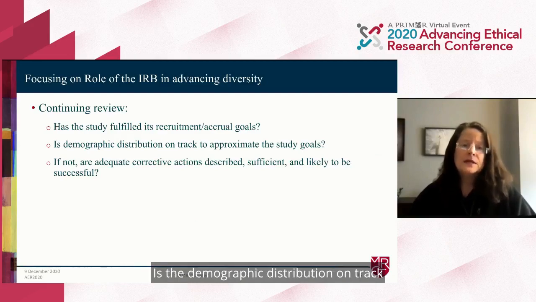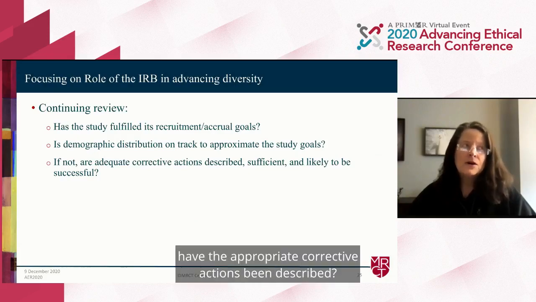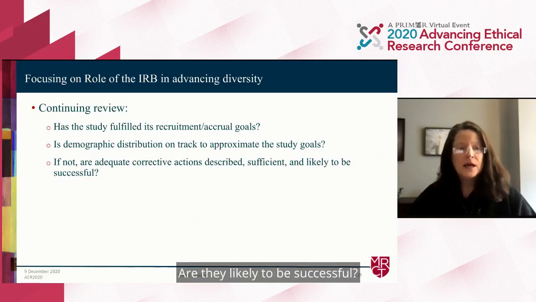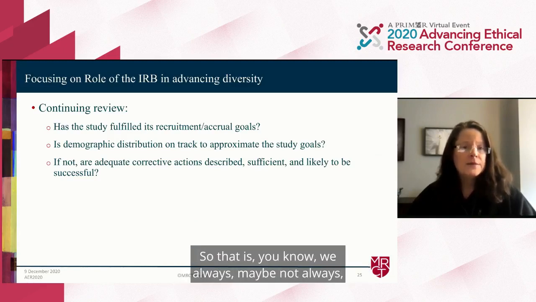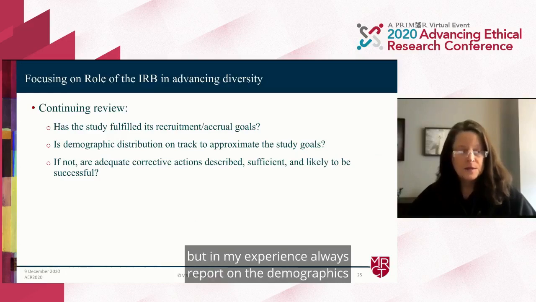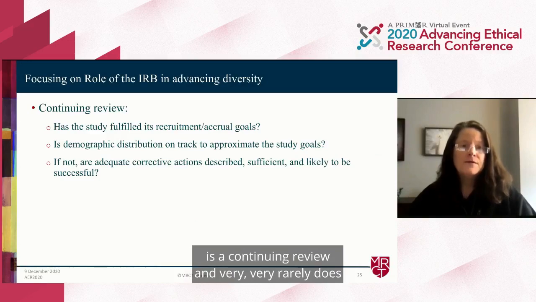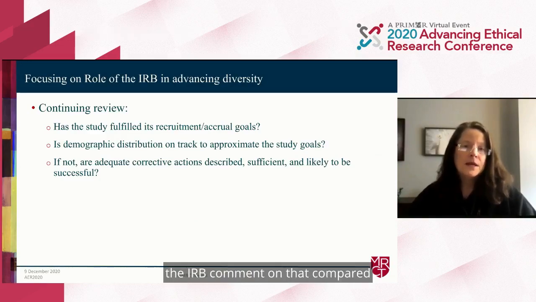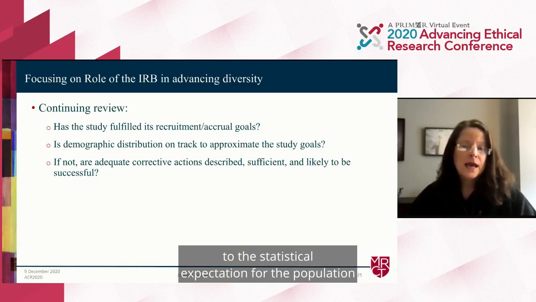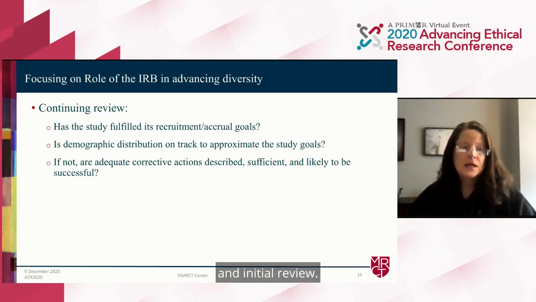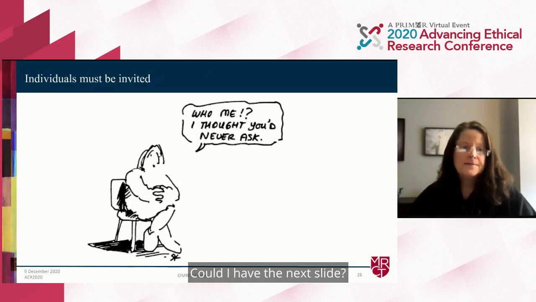Is the demographic distribution on track to approximate the study goals? And if not, have appropriate corrective actions been described? Are they likely to be successful, and are they likely to be sufficient? We always, maybe not always, but in my experience, always report on the demographics at continuing review. And very, very rarely does the IRB comment on that compared to the statistical expectation for the population at initial review. Could I have the next slide?